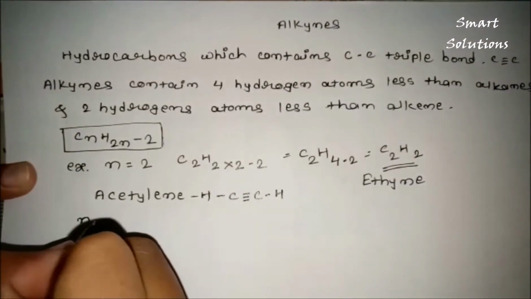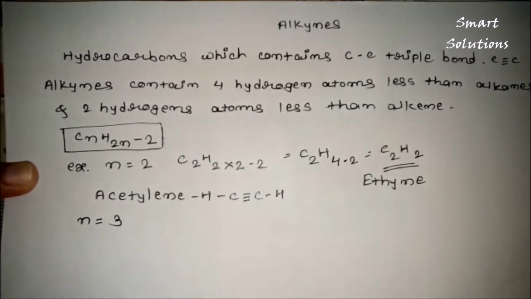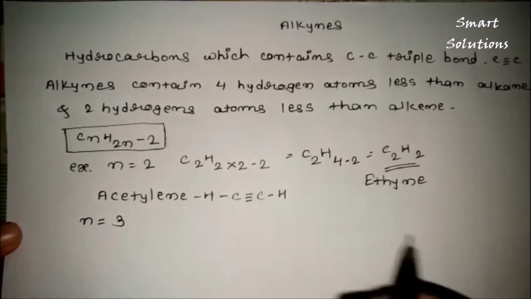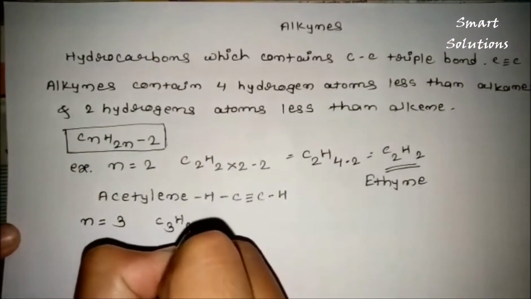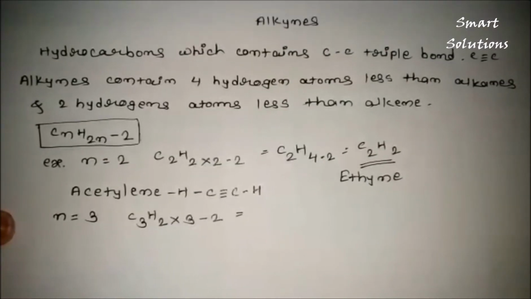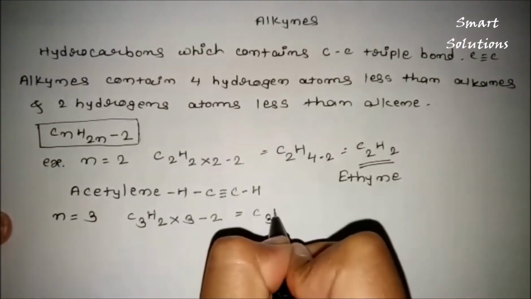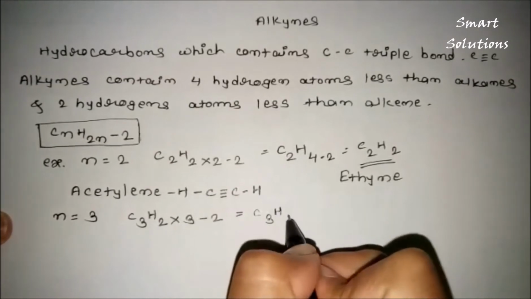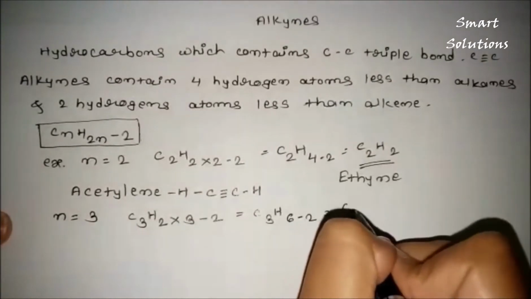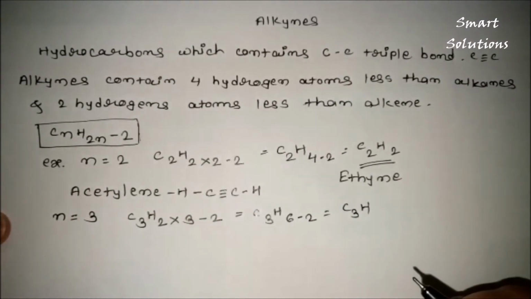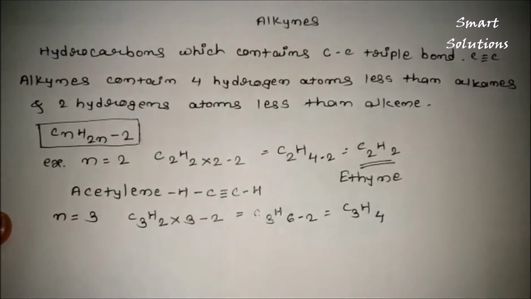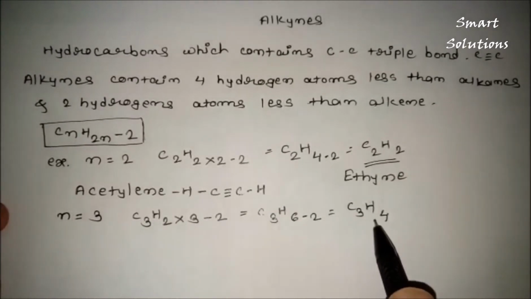Next example: if we take n is equal to 3 and put this 3 in the formula, what will we get? C3H2 into 3 minus 2. So C3H(6 minus 2), which is C3H4.